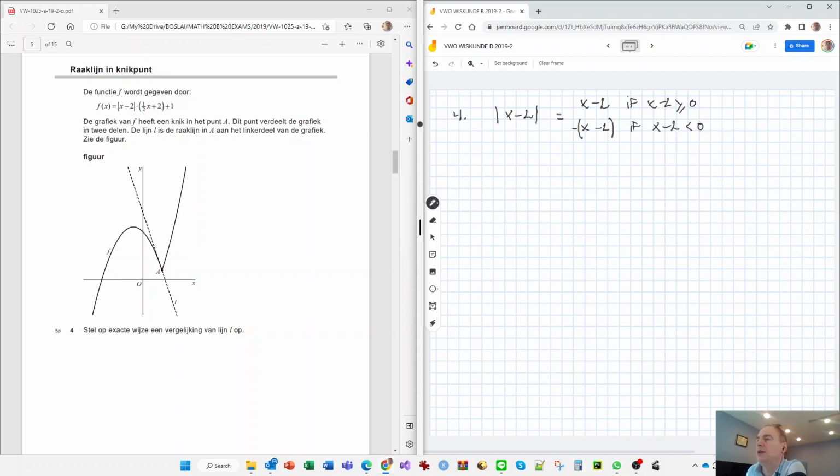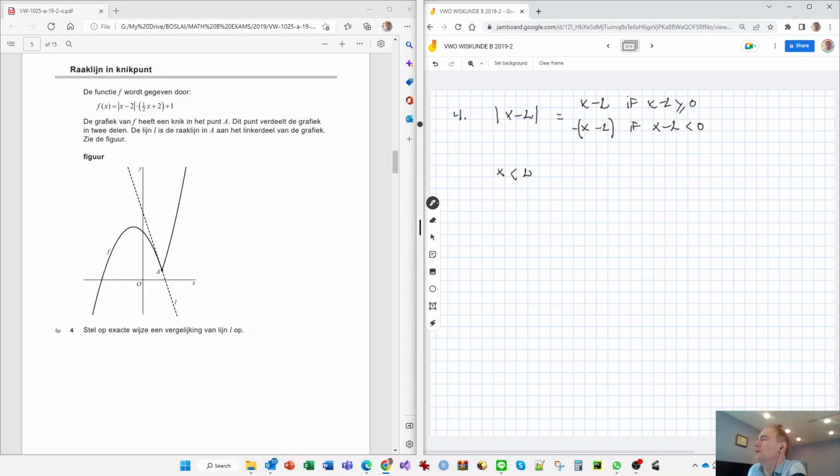So in this left part, we have x smaller than 2. So which one do we use then?